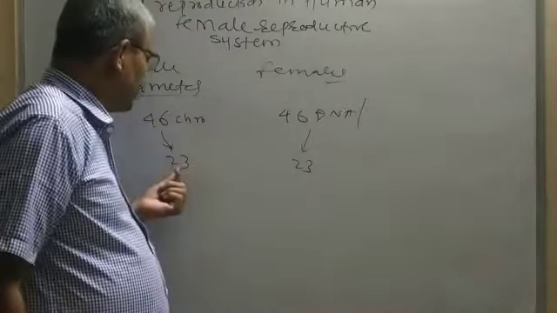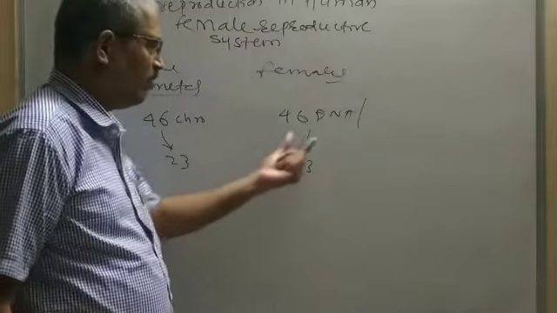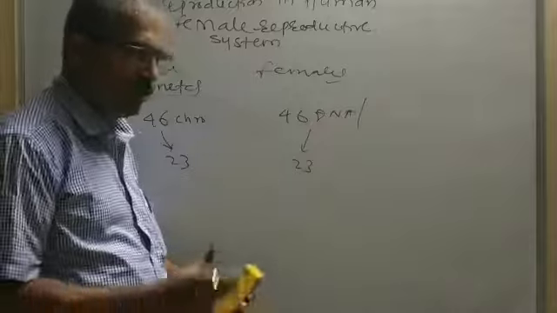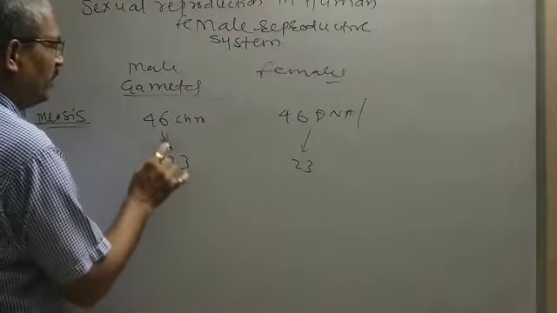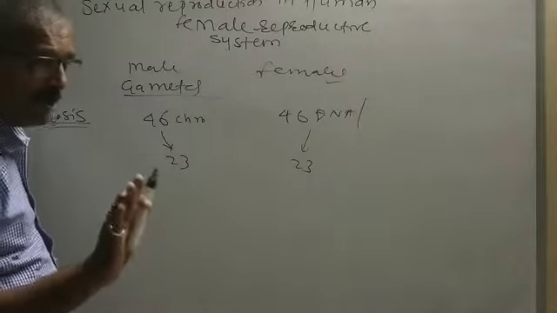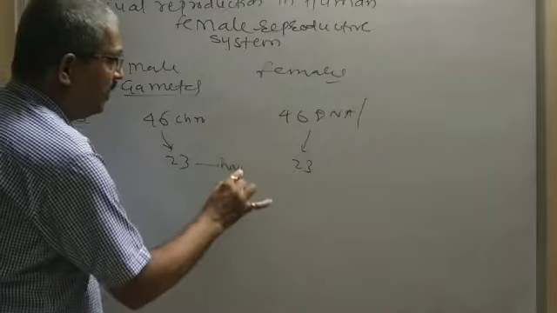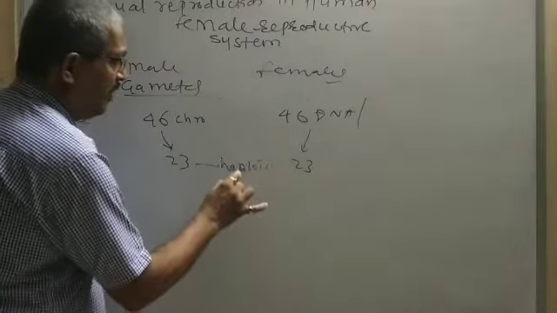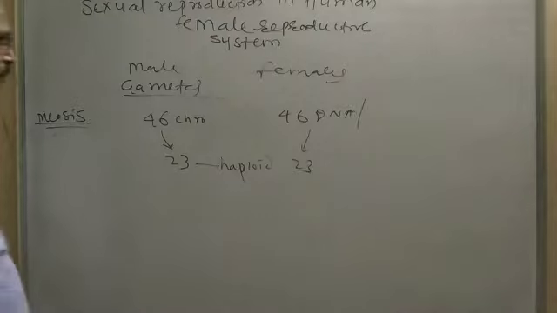Out of 46, only 23 chromosomes come out from the male, and from the female also 23 chromosomes come out. The number is reduced to half, and that is called haploid. These haploid gametes are formed by the process of meiosis.